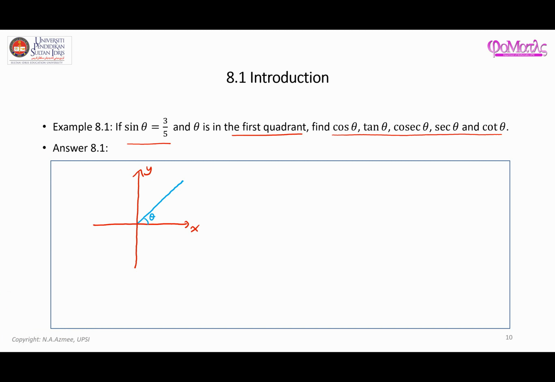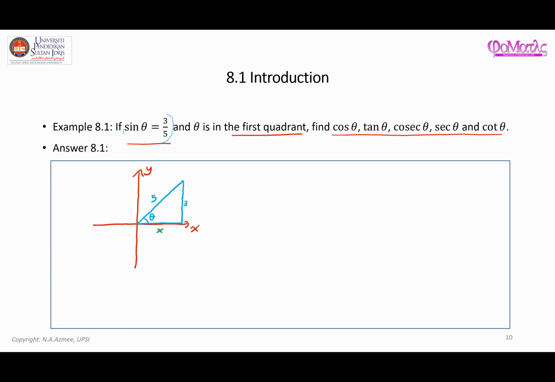Based on that, I can draw a right angle triangle. Because sine of theta is equal to 3 over 5, the length here must be 3, and over here, the hypotenuse, must be 5. This is unknown, so this is x.